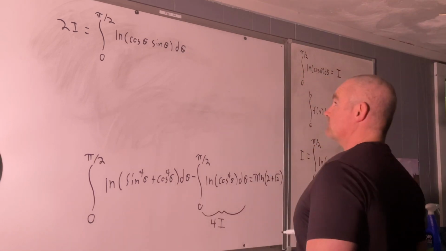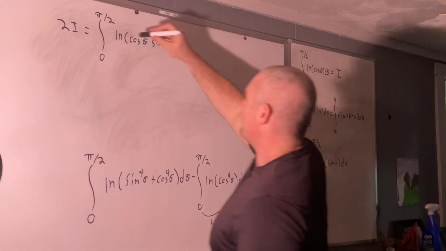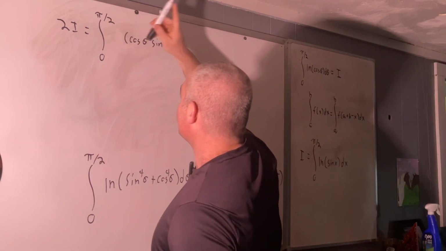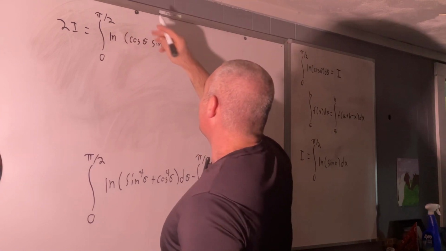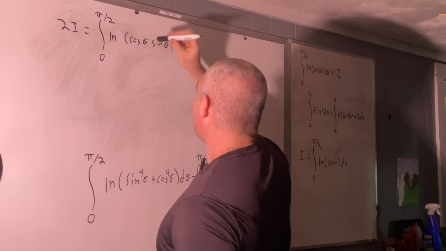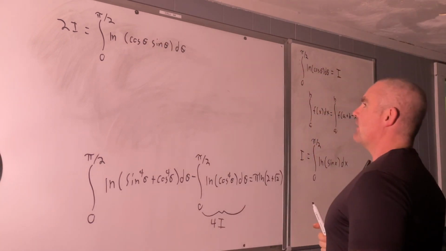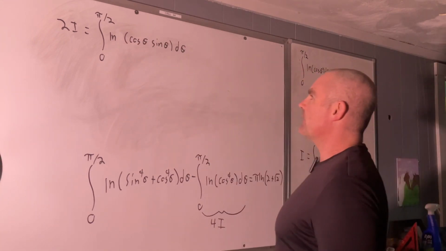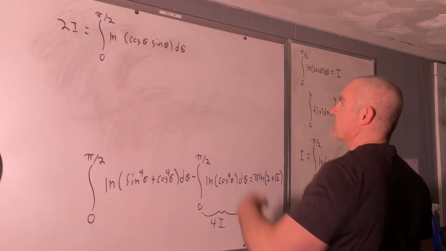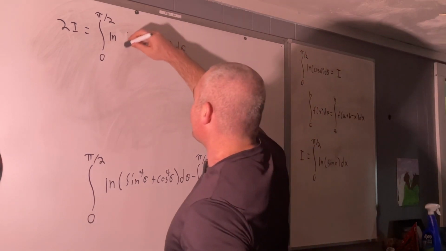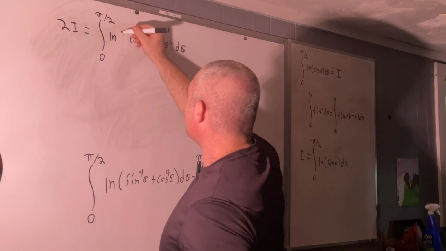Okay, well, that's not great yet. But what if we had a 2 there? Then we'd have the double angle identity for sine. So let's just put a 2 right in there.